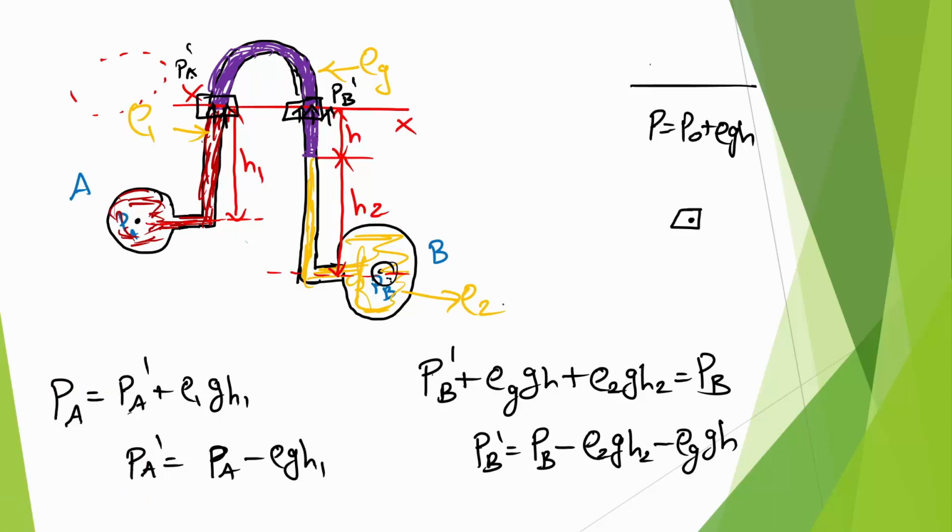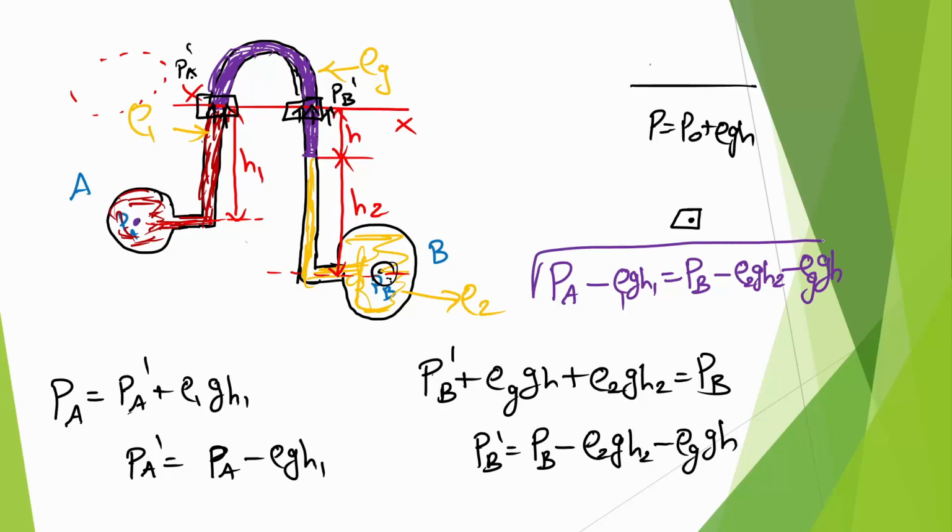You can remember this in a chart. So if you directly take it, PA minus, since I am going up, I have to take it as minus rho 1 g H1, should be equal to PB minus rho 2 g H2 minus rho g H.